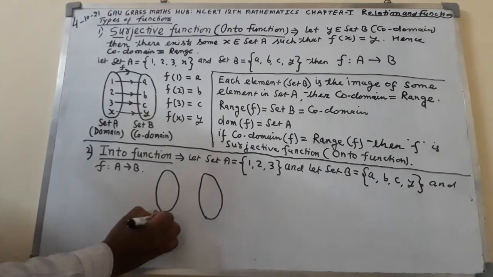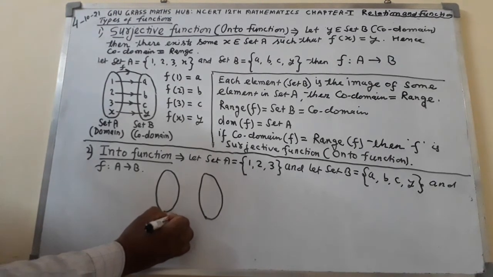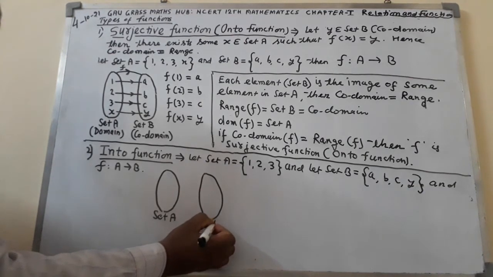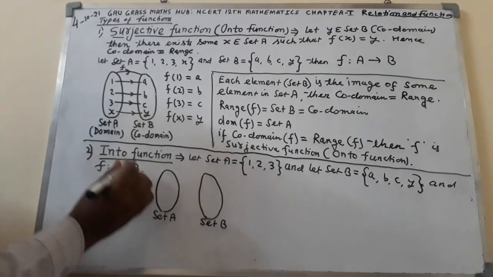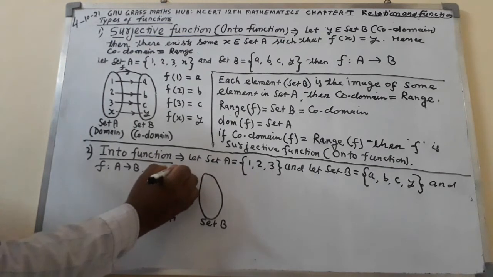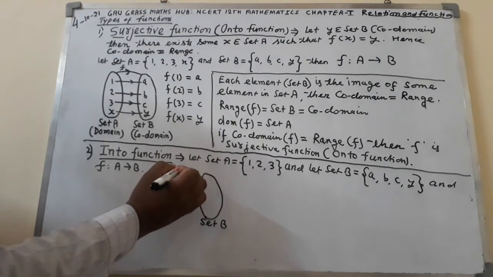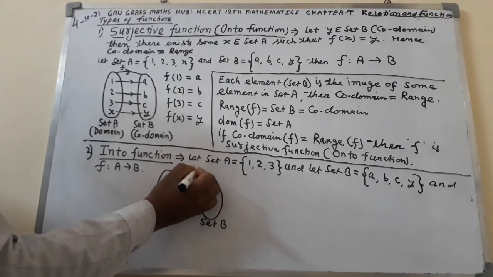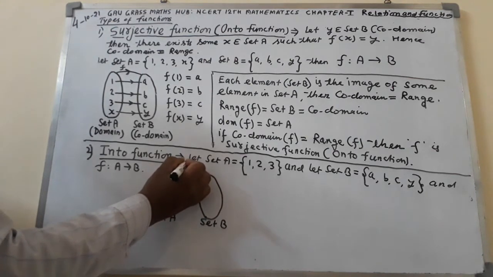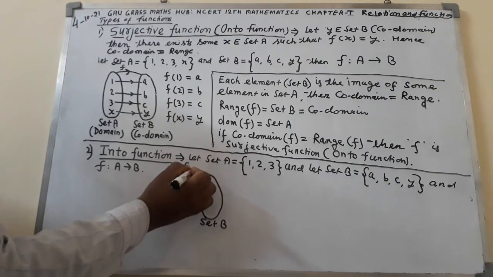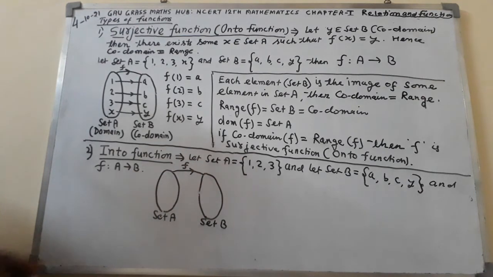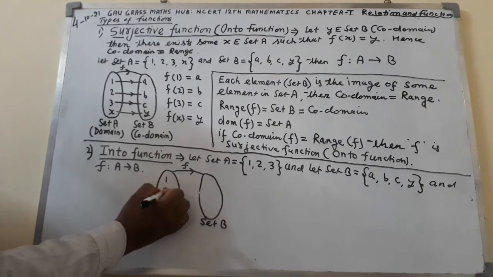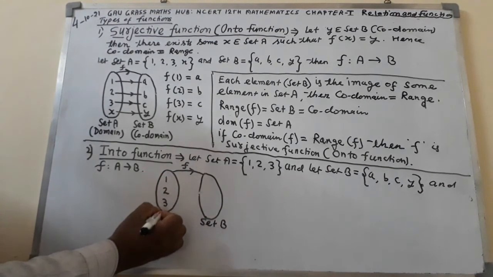This is set A, and this is set B. Set A is related to set B by a relation called f. Set A has the elements 1, 2, 3.